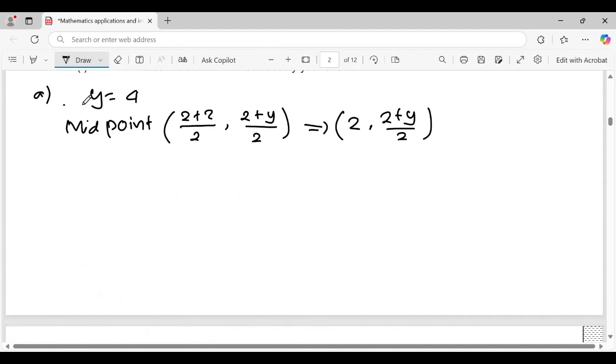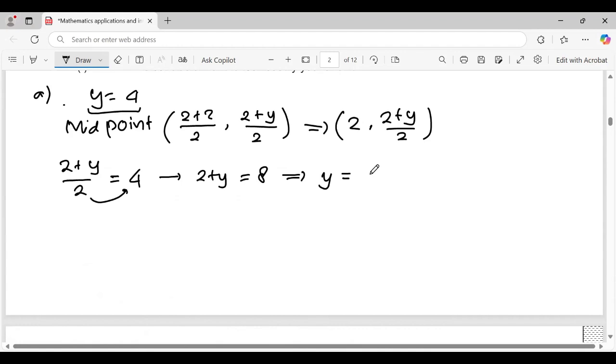Since this equals 4, 2 plus y equals 4 times 2, so 2 plus y equals 8, or y equals 6. So the coordinate point Q is (2, 6).